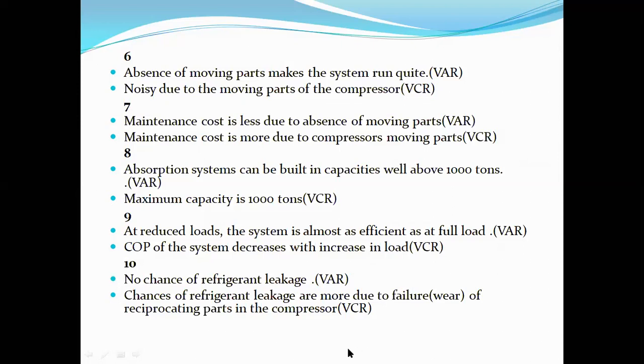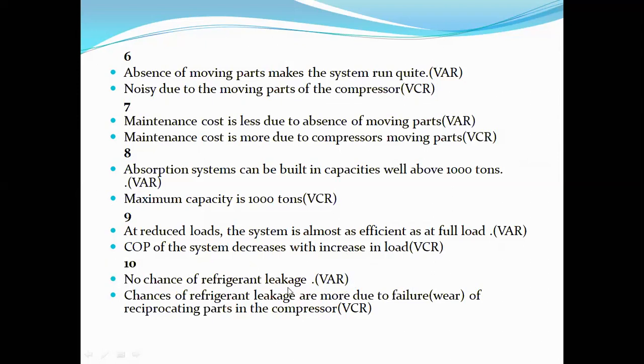Okay. Next, we have no chance of refrigerant leakage in VAR, and in VCR chances are there because of the wear and tear of the compressor. The chances of leakage of refrigerants are more in case of VCR, whereas chances of refrigerant leakage are very less in case of VAR.